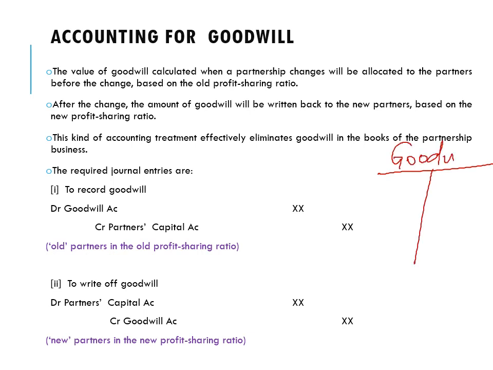On your debit side, you will have to allocate the goodwill according to the profit sharing ratios of the old partners. And then on the credit side, you will have to allocate the goodwill to the new partners based on their new profit sharing ratios.